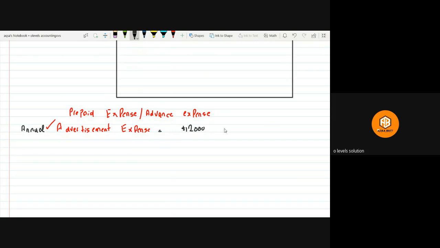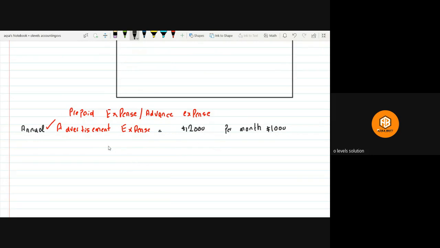It means that per month, it is 1,000. This is the total expense we need to pay in the whole year. But the payment and the expense are different things.